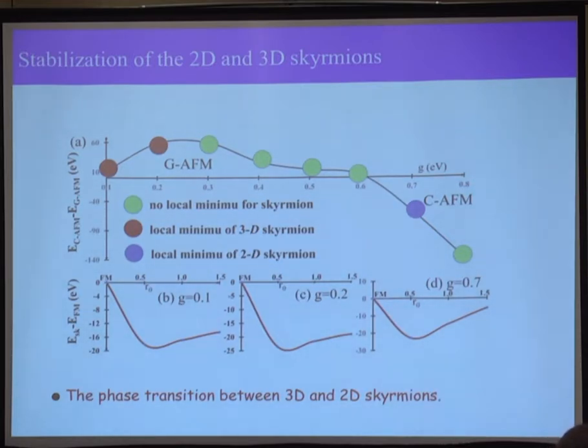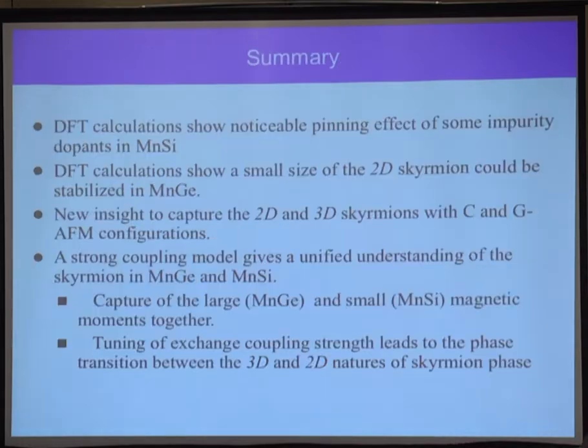For that, let me summarize what we have done. So first we have done the DFT calculation, and initially we needed to give you the noticeable killing effect of some impurity atoms in magnetic silicide. Also the DFT calculation shows a consistent trend of the Skyrmion size in the magnetic germanium versus magnetic silicide, and we have got a new insight to capture the 2D and 3D Skyrmions based on the C type and G type of FM configuration, which are the extreme limits to start with.